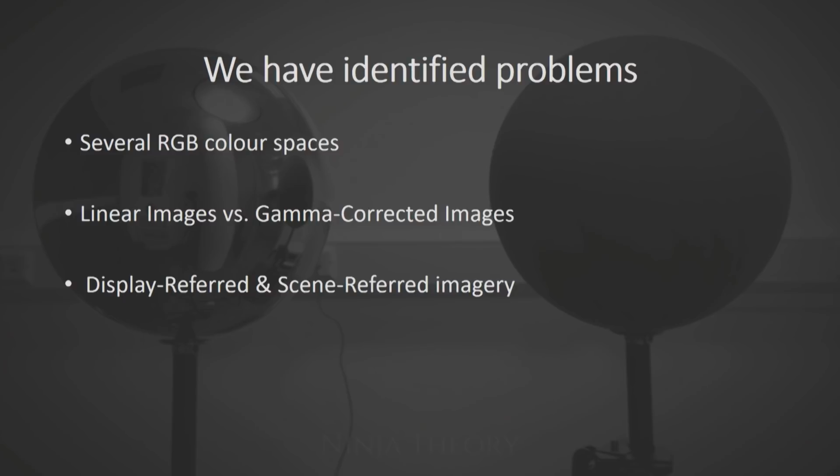We've got several RGB color spaces we need to worry about. We don't have just sRGB anymore. We've got DCI-P3, Rec 2020. We also need to be prepared for whatever happens in the future. We also need to make sure that we differentiate between linear and gamma corrected, and the correct order of operations. And we also need to make sure that we're differentiating between display referred and scene referred imagery.